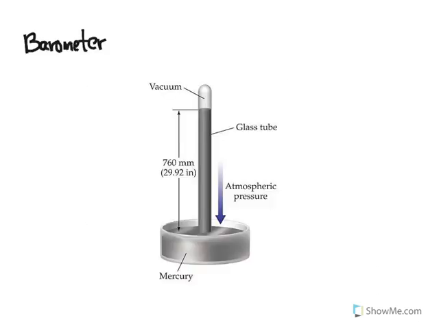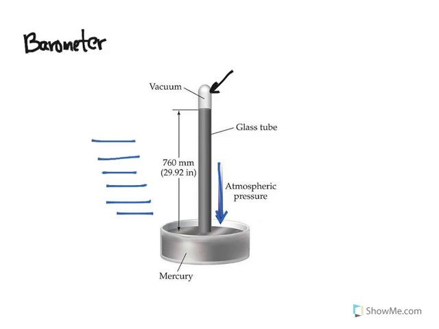In order to measure the pressure, for instance, the atmospheric pressure, we have an instrument that is called the barometer. The barometer is a capillary tube, which has vacuum. The layers of the atmospheric air are pushing mercury into the capillary tube.